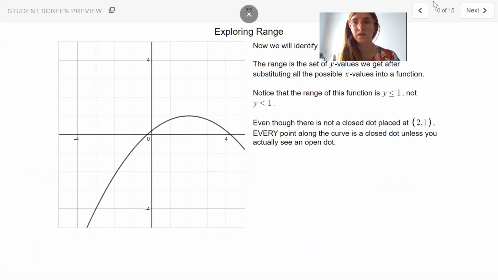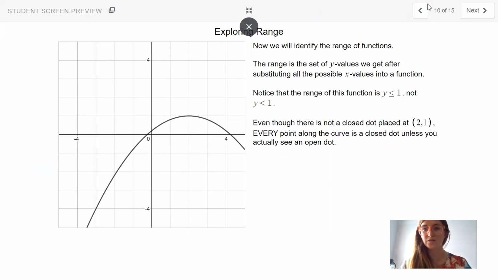We'll go on. Now we're going to talk about range. Range is the set of y values we get after we substitute all the possible x values. So notice that the range of this function is y less than or equal to 1, not just y equals 1.